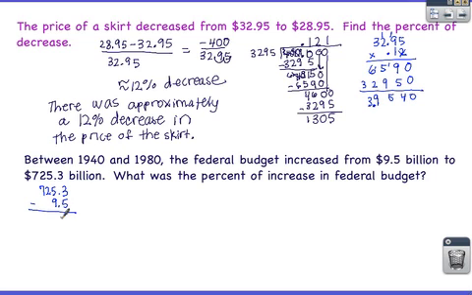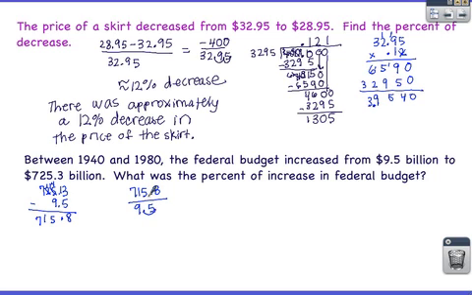We do need to line up the decimals. You get 715.8, which is the amount of change, and we need to divide that by the original 9.5.